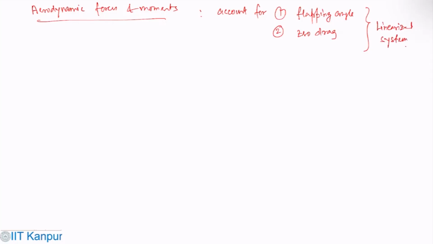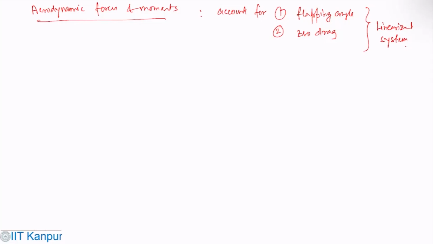So now what we'll account for here is, number one, the flapping angle, and number two, zero drag. These are two things that we'll account for in the linearized system.